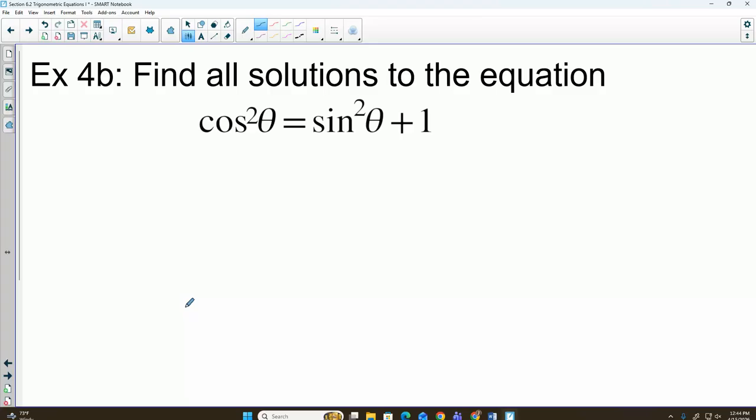We can focus on either side. If I just look at the left, cosine squared. What can you change cosine squared to? 1 minus sine squared. So if you have two trig functions and you can't just factor, see if there's an identity that might help.